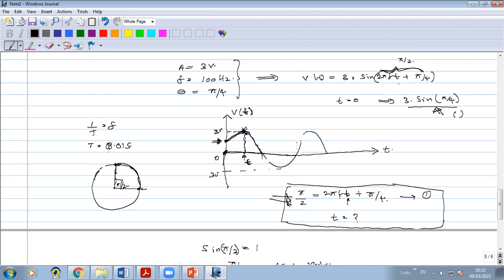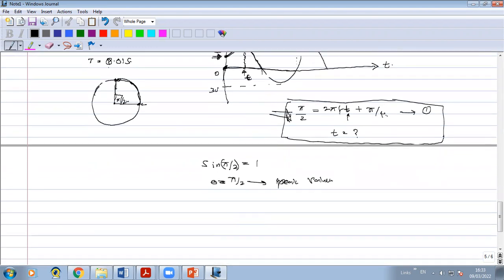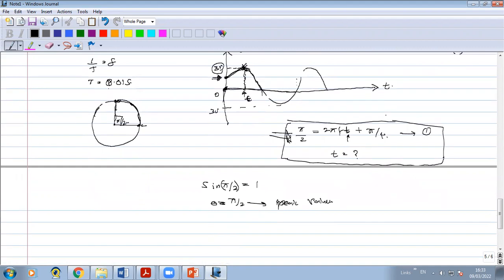For example, if V(t) is 3 sine pi by 2, you will get 3 volts, this value. So if you equate this whole angle to pi by 2, then you can find the corresponding t. What is that t? This pi, pi, pi cancel out.